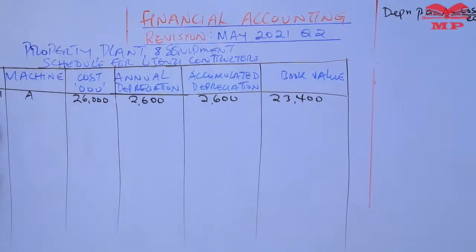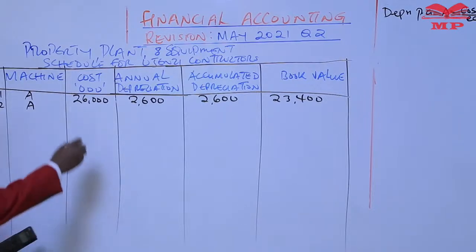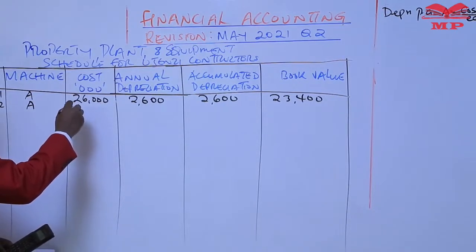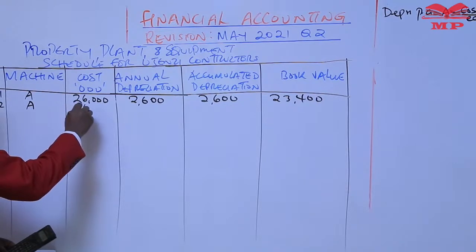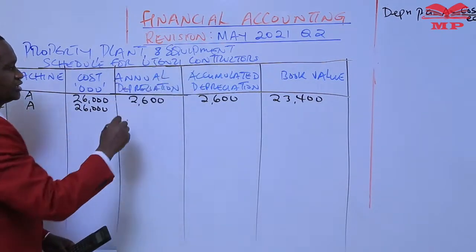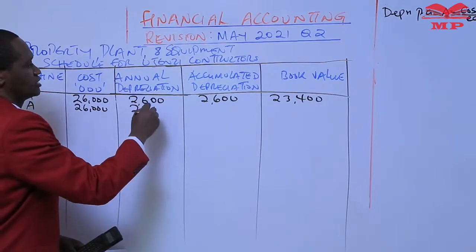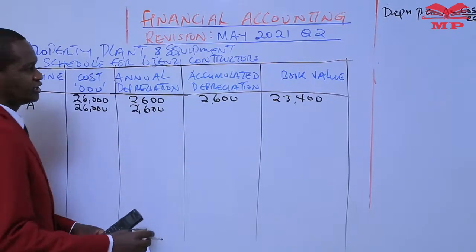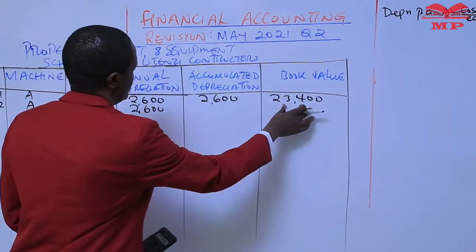In year 2012, the company still had machine A. The cost is 26 million. Annual depreciation, we calculated it, 2,600.